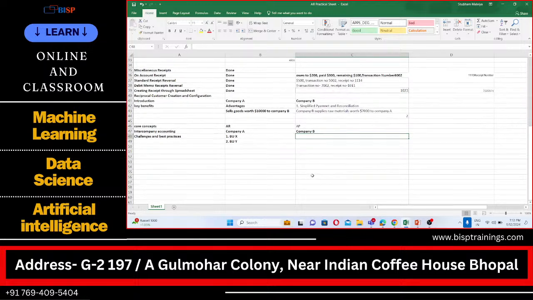When we perform this action, we face some challenges, so let's discuss the challenges and the best practices. Managing reciprocal customer relationships can present challenges, especially in handling the reconciliation process between payables and receivables. So what should be the best practices to remove the challenges?